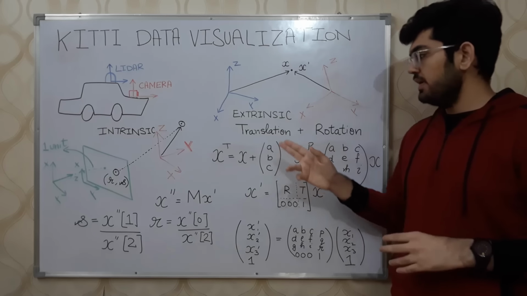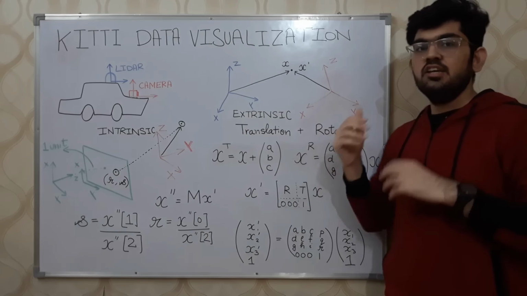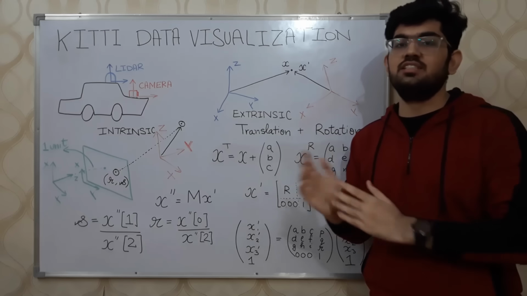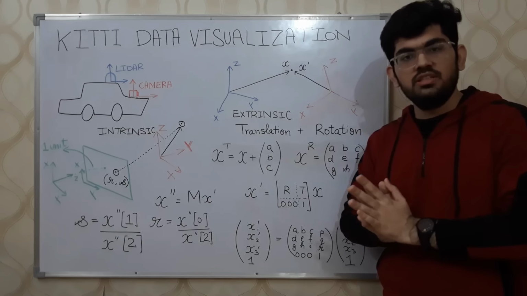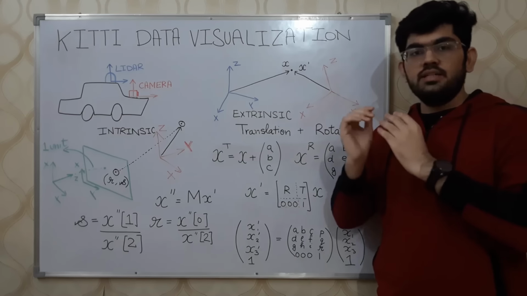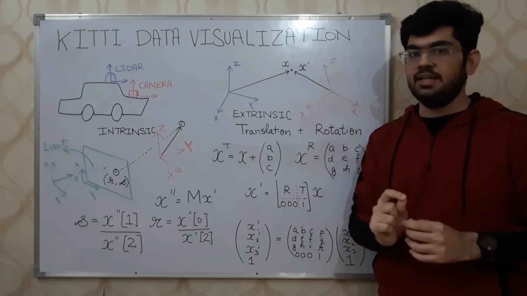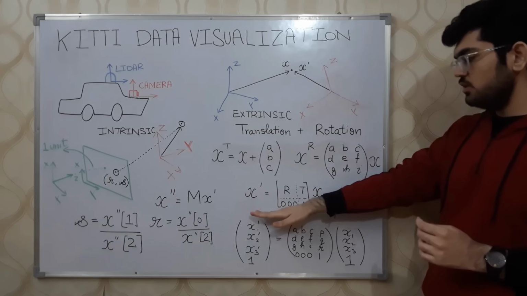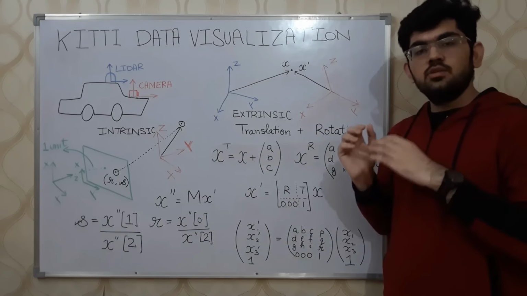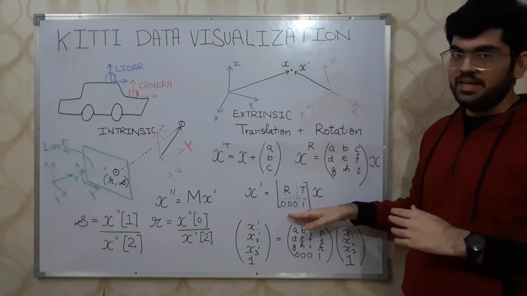Combining these two sub-operations of translation and rotation, we get what is called a homogeneous transformation. What does homogeneous transformation do? It simply reduces translation and rotation into a single matrix multiplication, as we can see over here. So how do we derive this matrix multiplier?